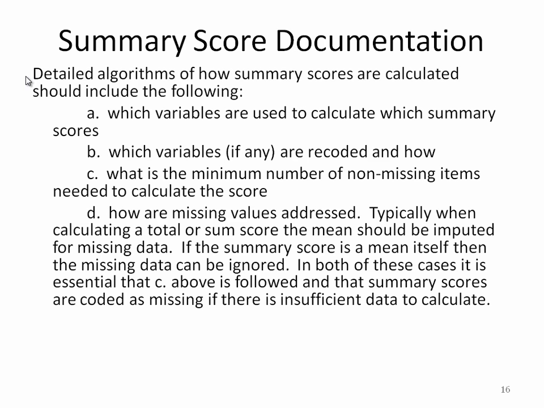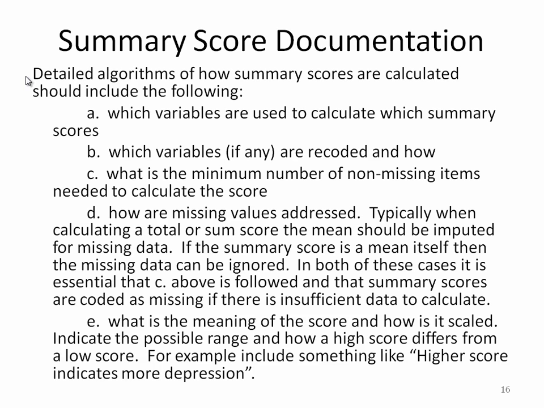And then the final thing that you want to have in your documentation is what's the meaning of the score? And how is it scaled? So you want to include the possible range, how high the score can be, and how a high score differs from a low score.